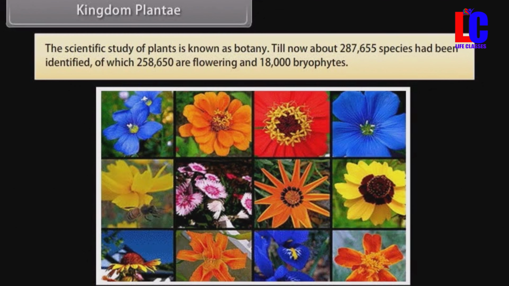Till now, about 287,655 species have been identified, of which 258,650 are flowering plants and 18,000 are bryophytes.